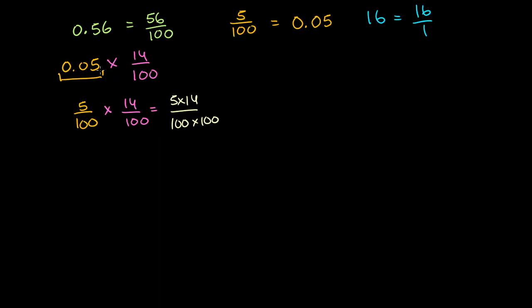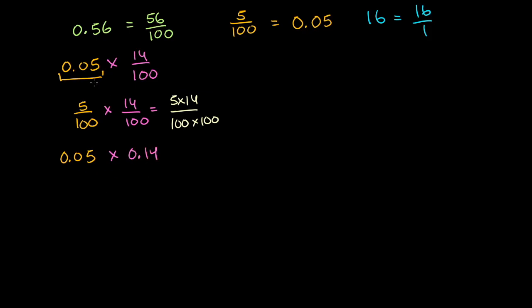Instead of making this 0.05 represented as a fraction, we could represent these 14 hundredths as a decimal. So we could rewrite this as the original 0.05 times 14 hundredths is the same thing as 0.14.